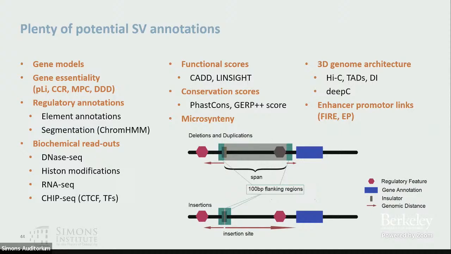But you can also incorporate some summary statistics, like what proportion of bases have a CADD score of, I don't know, above 30? Are there GERP highly conserved regions in this window that got deleted?